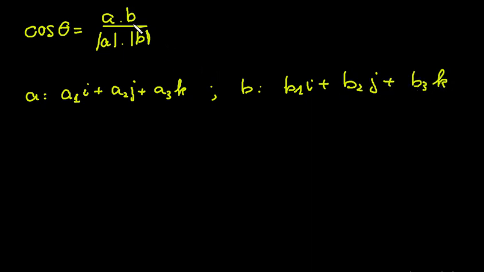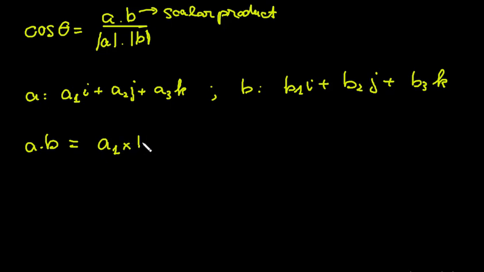And now A multiplied by B is our scalar product. Only AB, not this part. So A multiplied by B will be equal to A1 multiplied by B1 plus A2 multiplied by B2 plus A3 multiplied by B3.